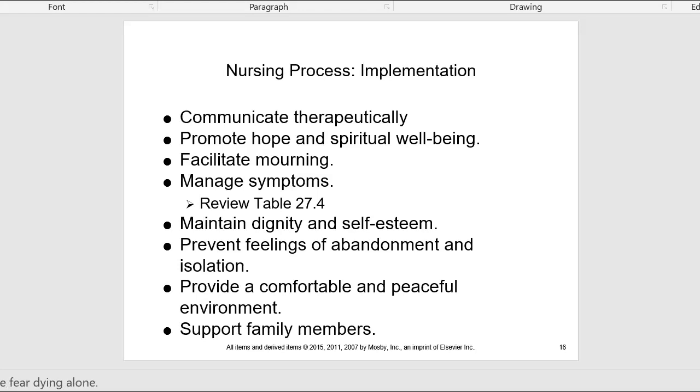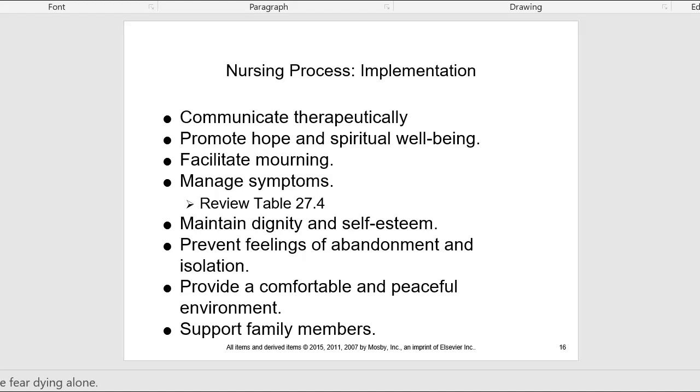When we're having our nursing implementation with patients and family, we always want to first and foremost use our therapeutic communication, keeping in mind that people are going to have those intense emotions related to their loss or their grieving. We want to promote hope and spiritual well-being.